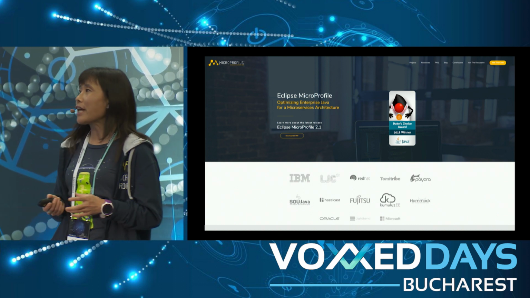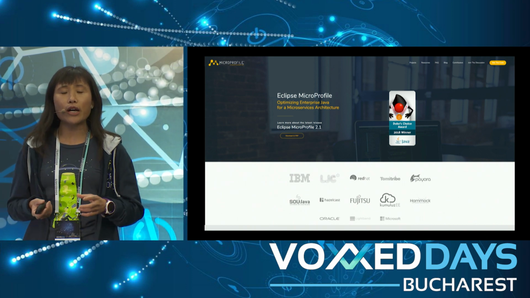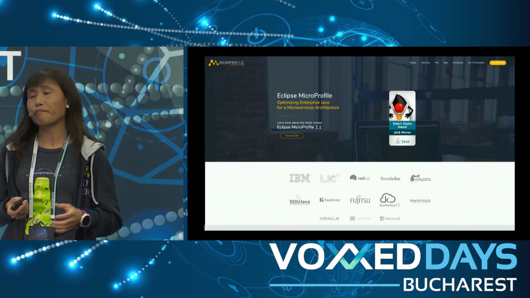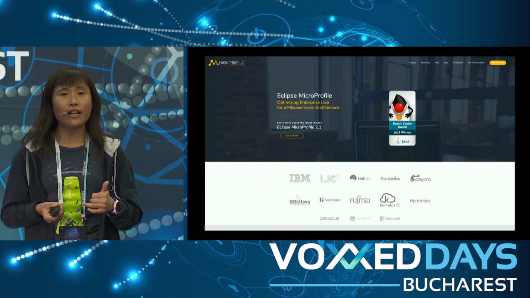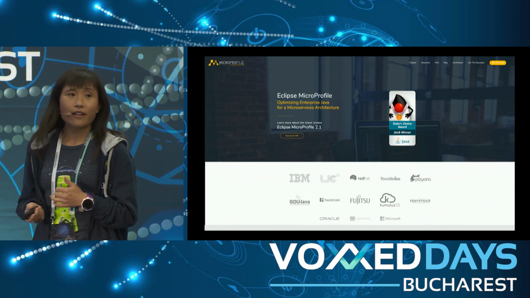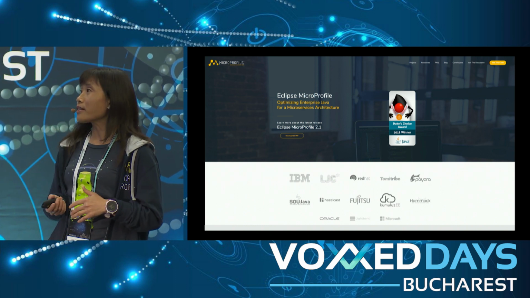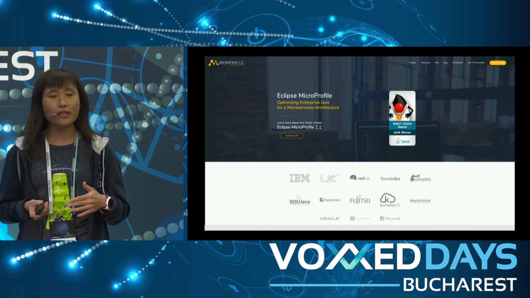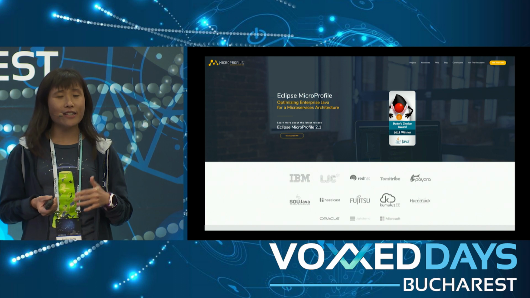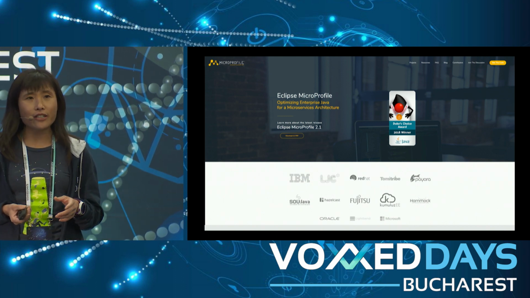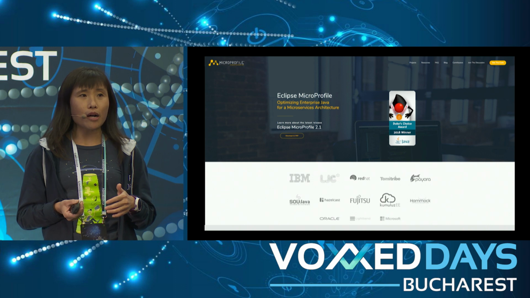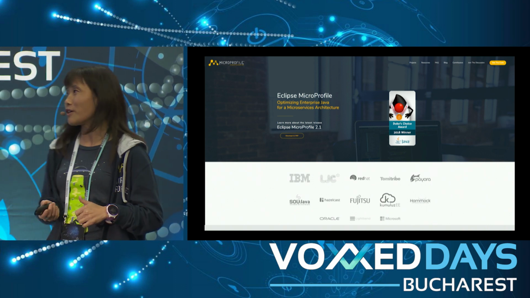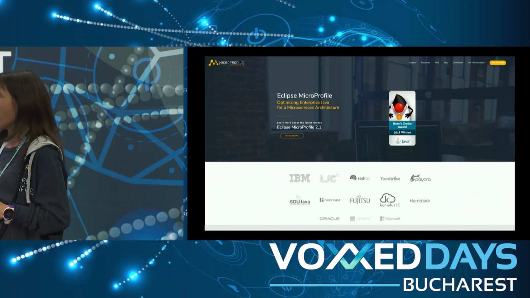Shortly afterwards, more companies like Oracle and Microsoft joined the MicroProfile community. And last year at Oracle Code One, we won the Duke's Choice Award. I was quite excited. At that time, I was at the MicroProfile BOF session, and people came to the room and said, "I'll tell you what, we won the award." I was really, really happy.